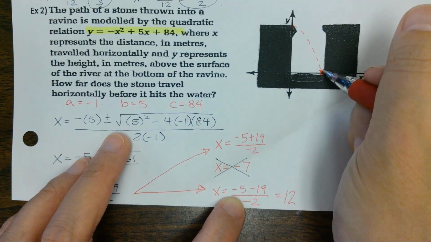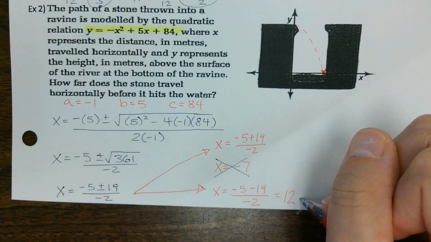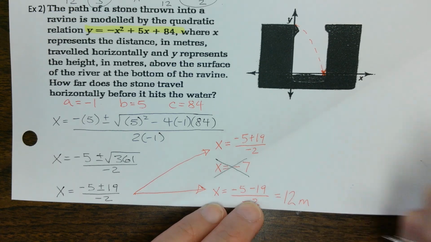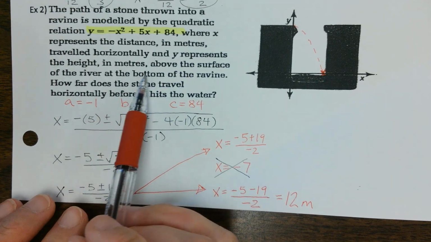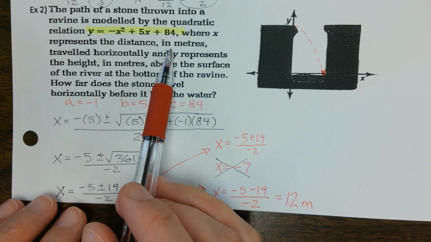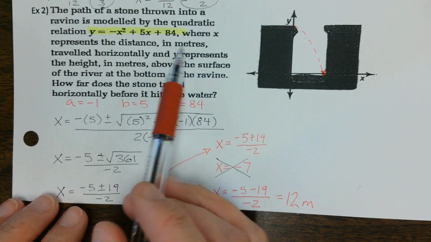This answer is this right here. What's my unit? Meters. Right, it's this right here, meters, horizontally.